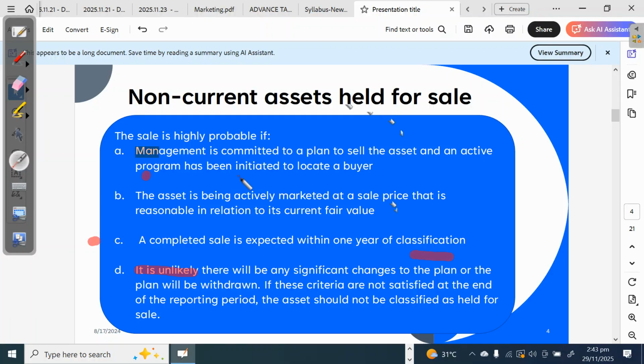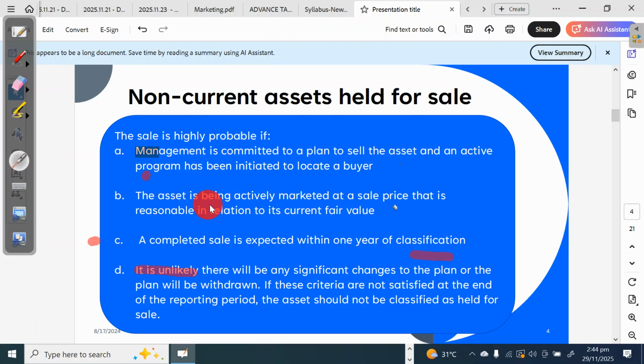All this is trying to talk about the readiness of the company to sell the assets and the commitment of the company. If any of them is not met, then in a way they are not ready to sell the assets. For instance, number one, if they have not started looking for a buyer, then we cannot even tell whether they will sell.